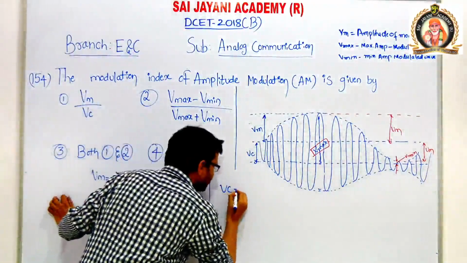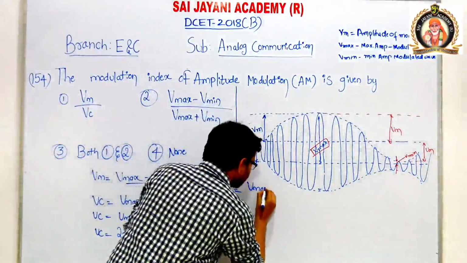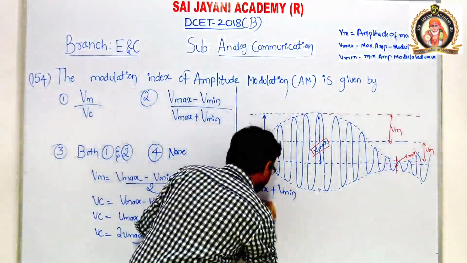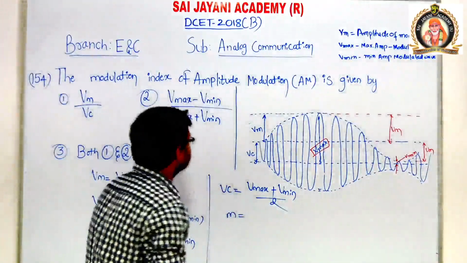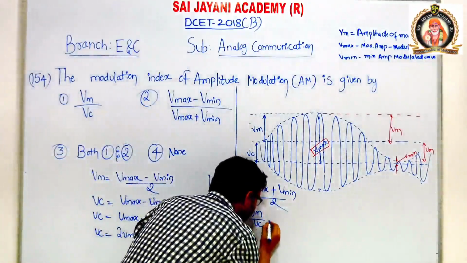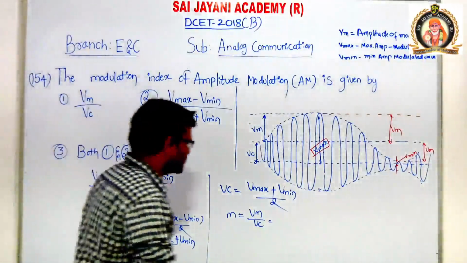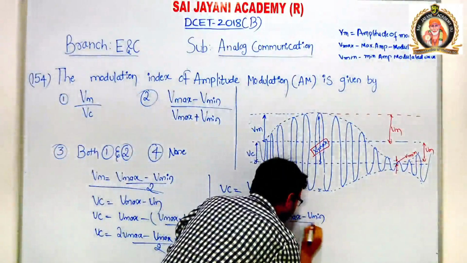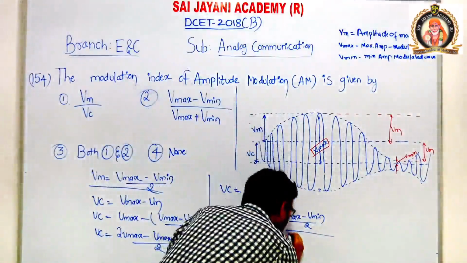Then Vc is equal to Vmax plus Vmin divided by 2. Then the modulation index m or mu is given by Vm by Vc. We know that Vm is given by Vmax minus Vmin divided by 2, and Vc is given by Vmax plus Vmin divided by 2.